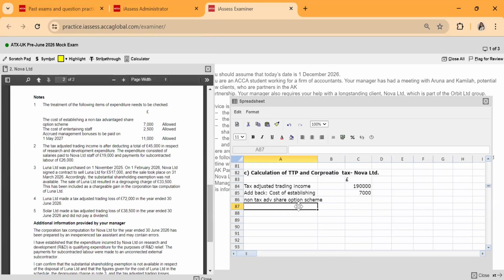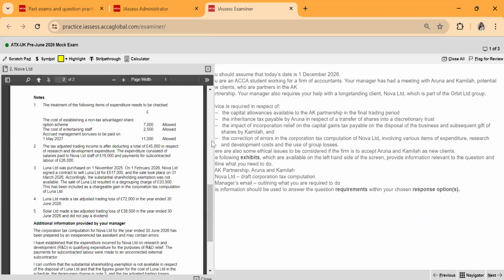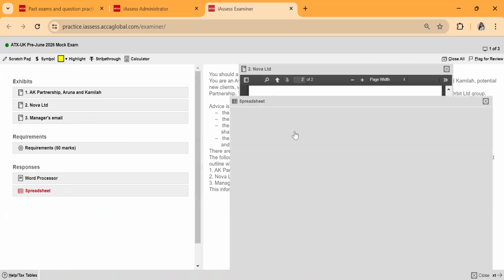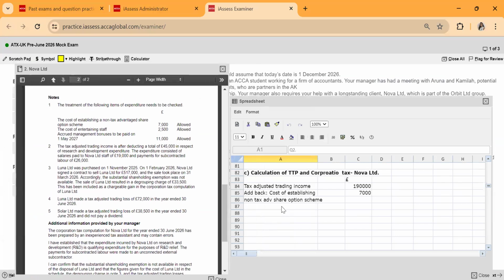Okay, so it is accrued. That's the problem with the CB platform. Sometimes it automatically just gets closed. Accrued management bonus, we will add back 11,000.